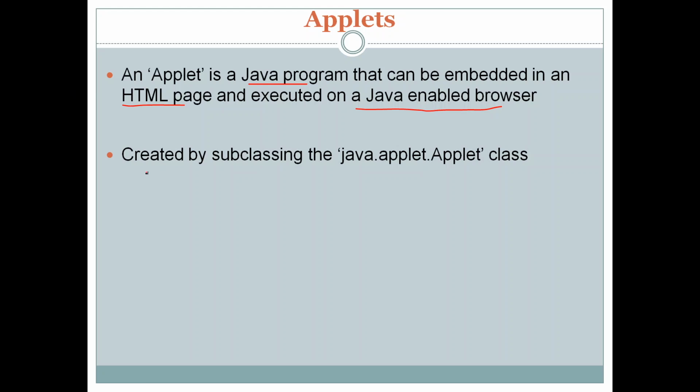An applet can be created by subclassing the java.applet.Applet class. As we can create a thread by subclassing the Thread class, in the same way an applet can be created by subclassing the Applet class. So we have to define a class which extends the class Applet to create an applet.